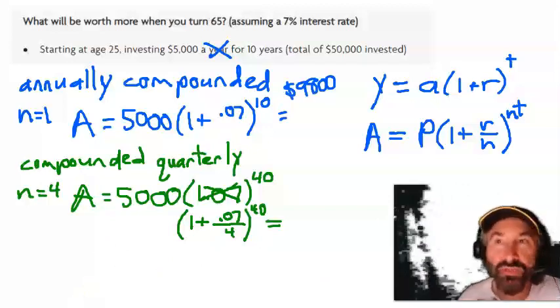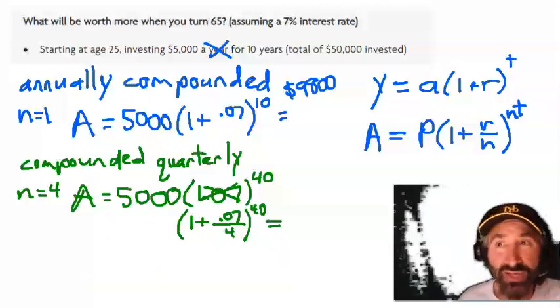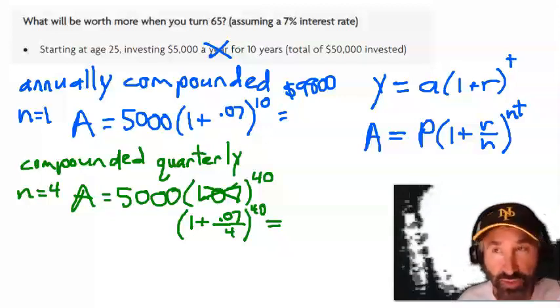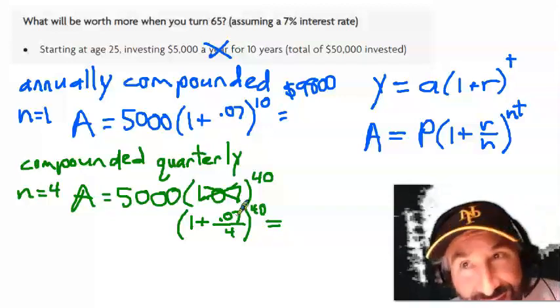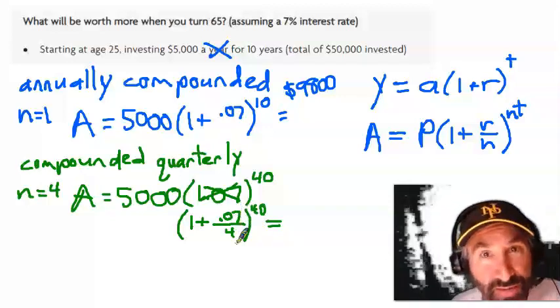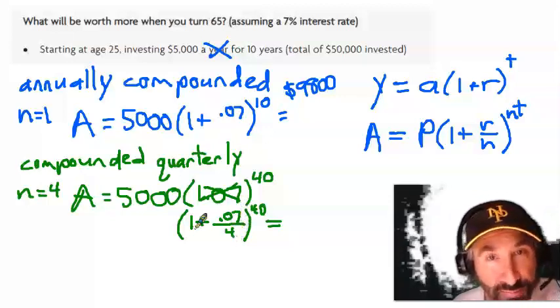Okay, so if you did the math, by the way, I'm going to give you some tips about how I entered it in the calculator. And if you still want to pause the video before proceeding, you can and try it yourself. I did the dividing of 0.07 divided by 4 first, then added 1. Remember, I'm still following PEMDAS. Divide before adding.